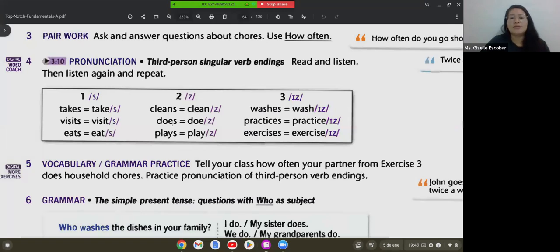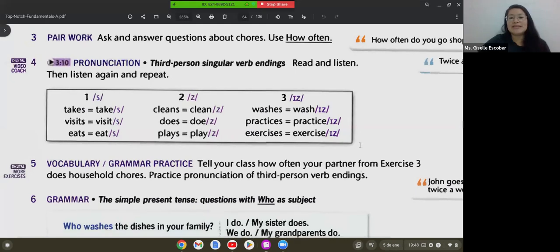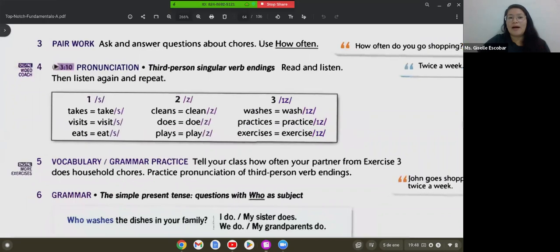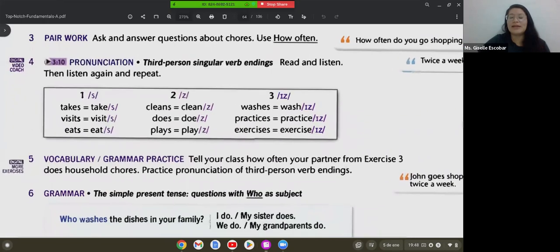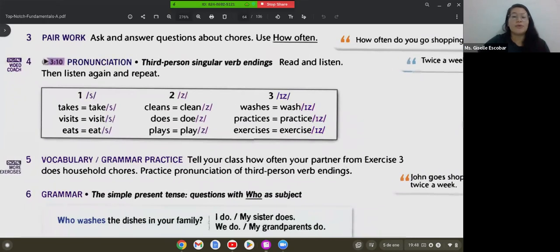Lo mismo con does. So, it's not exactly that hard to understand, but it can be a little bit complicated when we are reading something. Es normal que al momento si estamos leyendo algo podemos hacerlo con un sonido diferente.